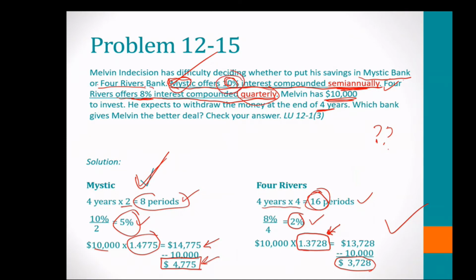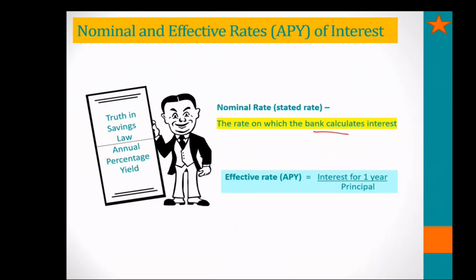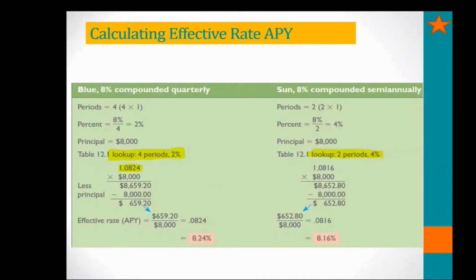What about the effective rate? The effective rate needs a calculation, and we also call it APY. Effective rate is interest for 1 year divided by principal.